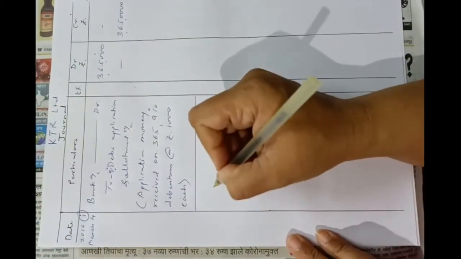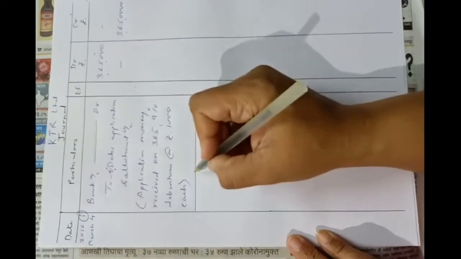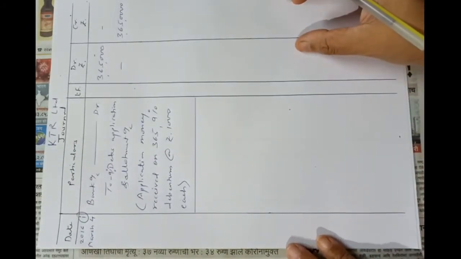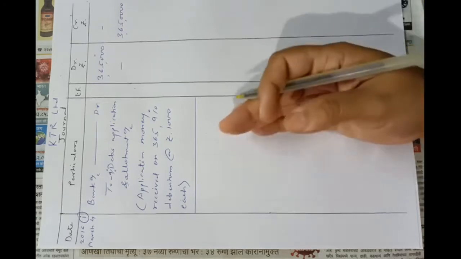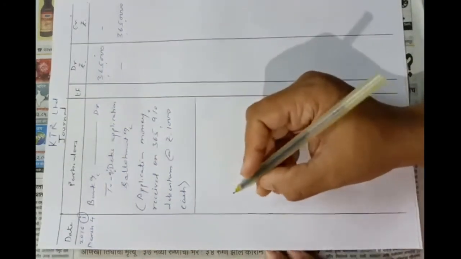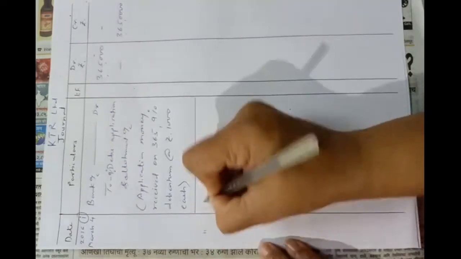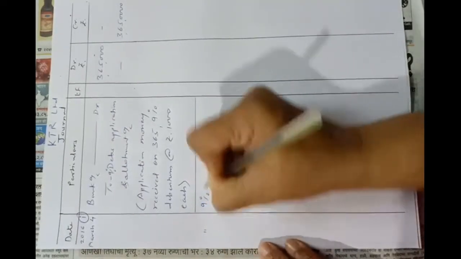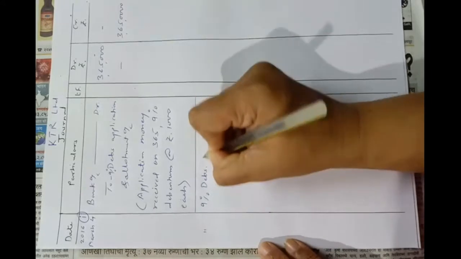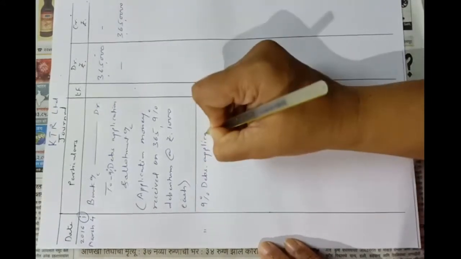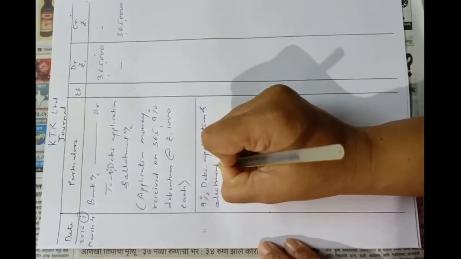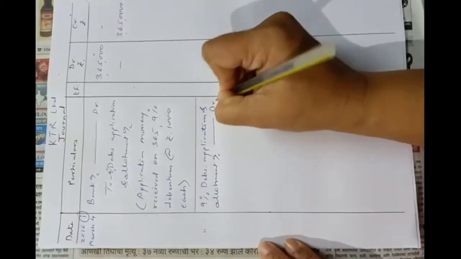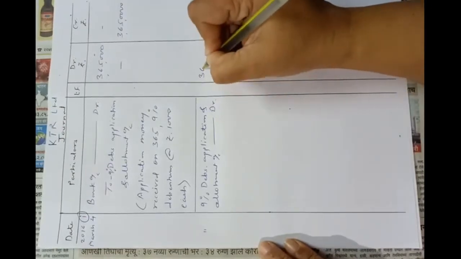Now second entry. Second entry will be of application money adjusted, and these debentures were issued at par and redeemable at 10% premium. So premium payable at the time of redemption will be their loss. So the entry will be debenture application and allotment account debit, 9% debentures debit, 3,65,000.